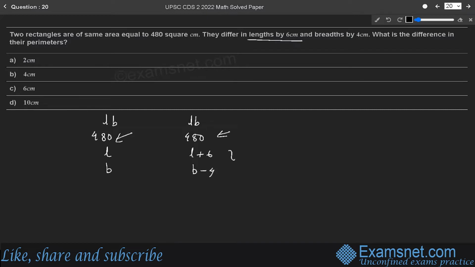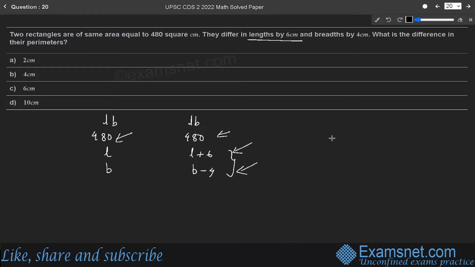If we take both the values in plus here, then it will be more than 480. So that is why we have to take one in positive and one in negative. It means that in L plus 6 and B minus 4, in one thing we have to do addition and in another thing we have to do subtraction.